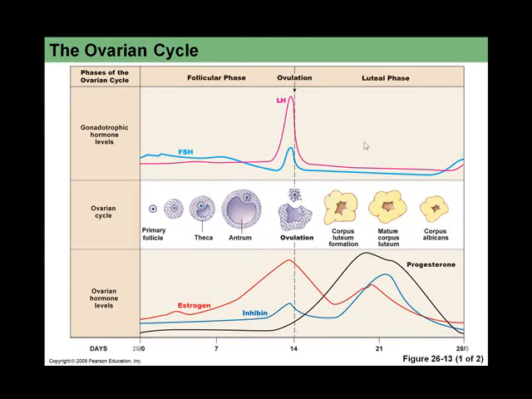So the pituitary hormones, the gonadotropins, are shown in the upper panel here for the ovarian cycle of the menstrual cycle. And we are looking at the cellular events in the middle panel, and then the hormonal events. These are plasma levels being reflected in this illustration of the ovarian hormone levels.